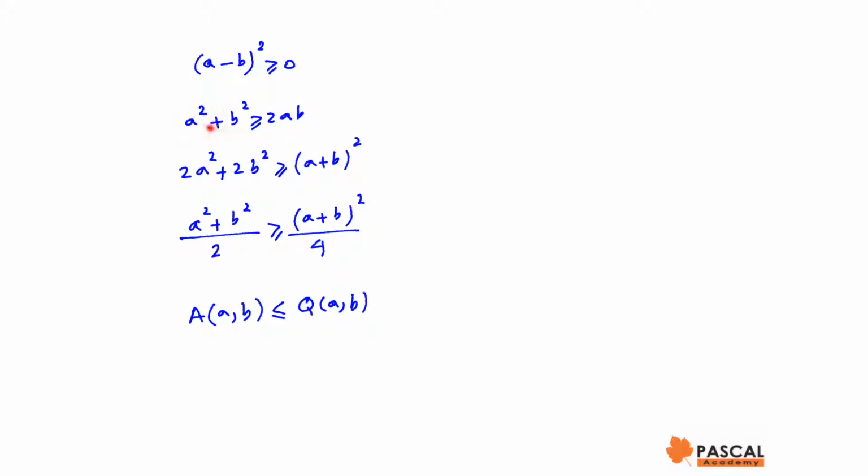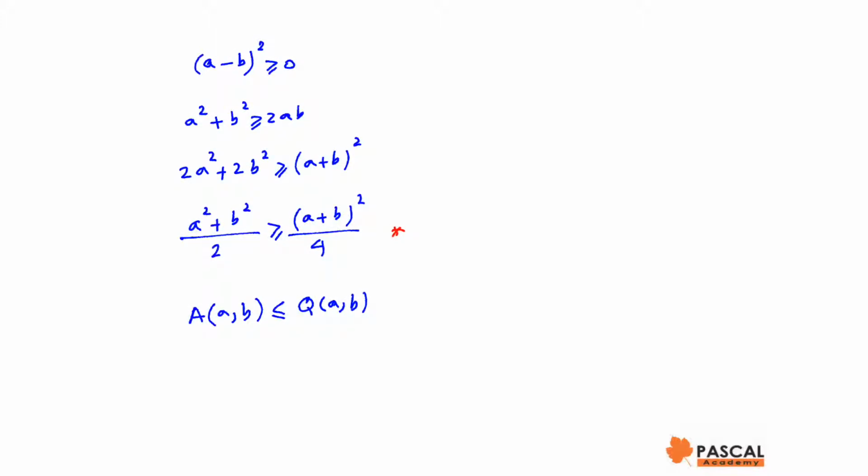We add A squared plus B squared to both sides of this inequality, and the rest of the proof is very straightforward. The other side is A plus B to the power of 2. We divide both sides by 4, and we take the square root from this inequality. This proves arithmetic mean of A and B is smaller or equal than their quadratic mean.